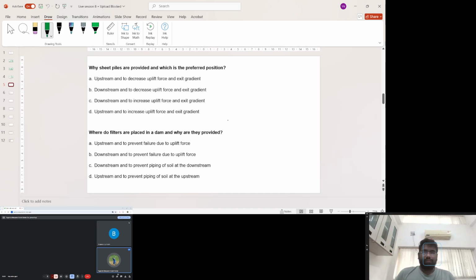So right now, we will see how it decreases the uplift. What happens when a sheet pile is provided. So now let us consider an embankment, and let us consider this as impermeable and the flow occurs through it.